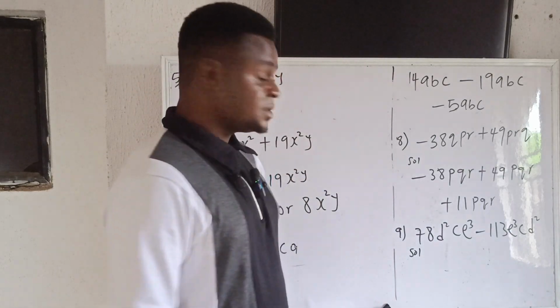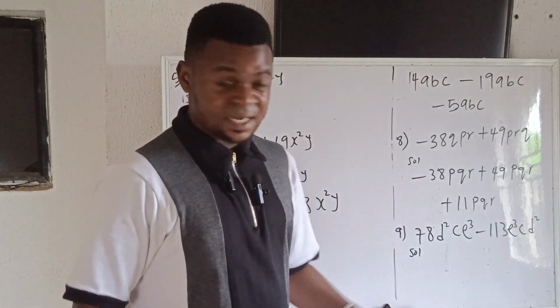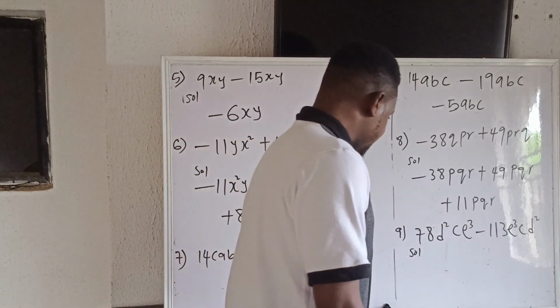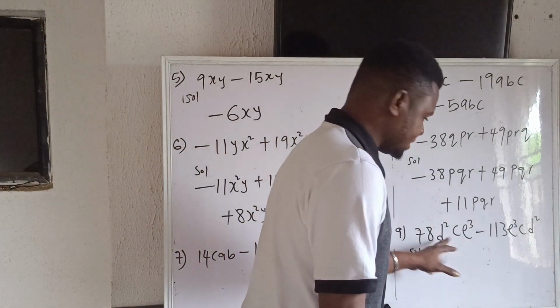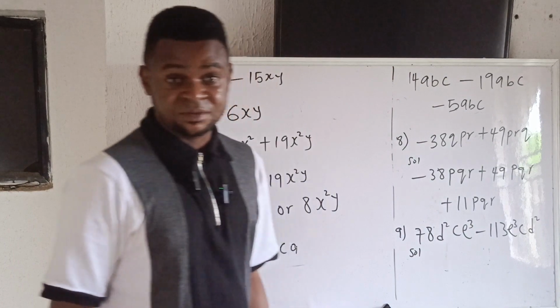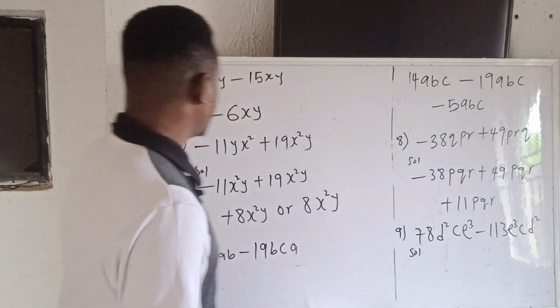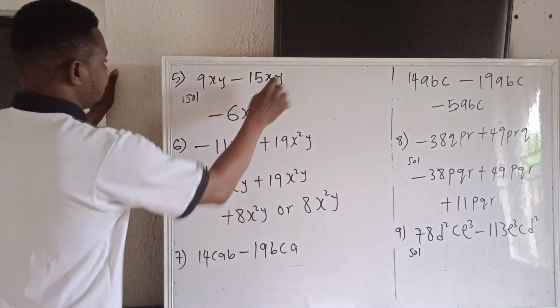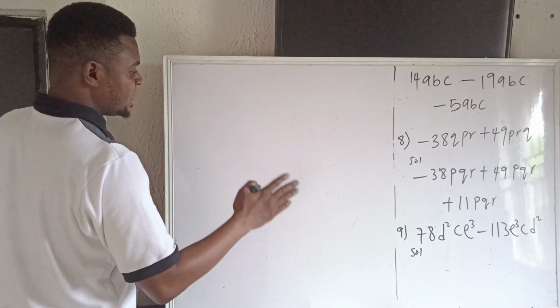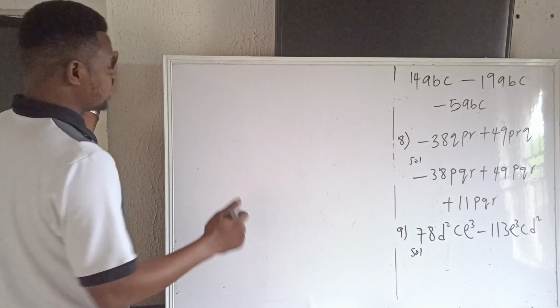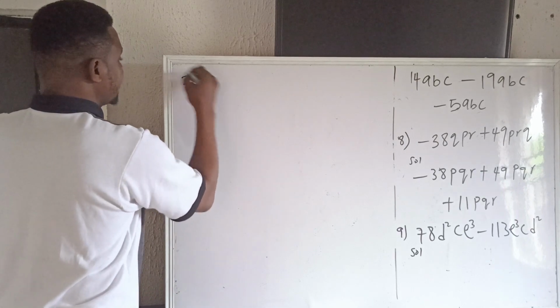Then look out for the variables to see if I can add or subtract. Are they similar? So I'll check. Okay, the variables, this is D and C. It's not arranged in alphabetical order. So before I even find out, I need to first arrange my variables in alphabetical order. Okay, so let's do that now. So this should be 78.